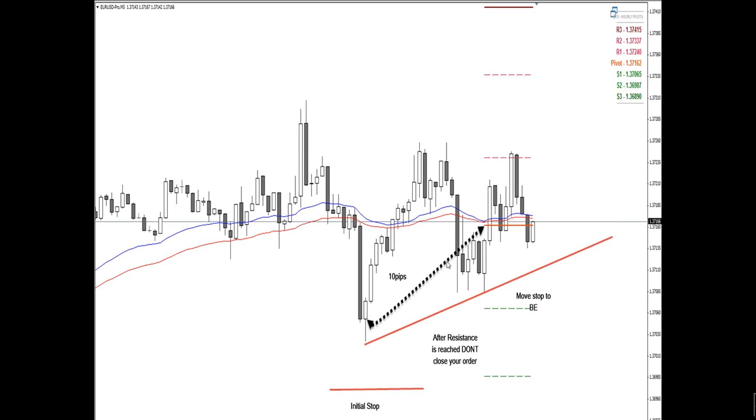Now, after I make 10 pips, I have two options. If I want to make a scalp into a scalp swing, I will move my stop to break even. Now, guys, pay attention. This is how to make scalp into scalp swings. And this is, again, one of the crucial reasons why you should trade multiple pairs, because if you do this, many times you will be stopped out at break even.